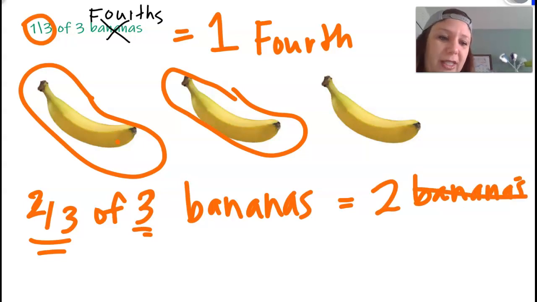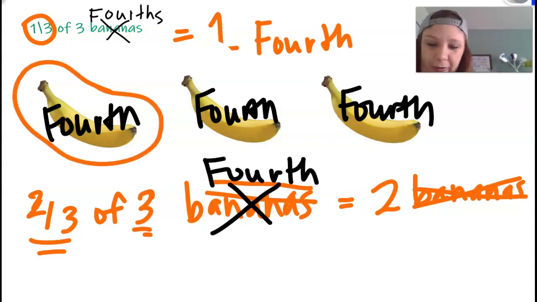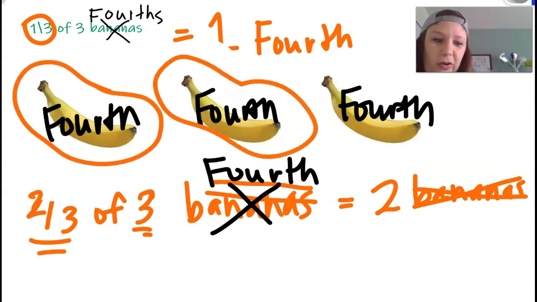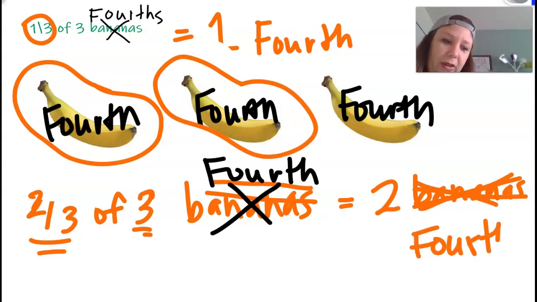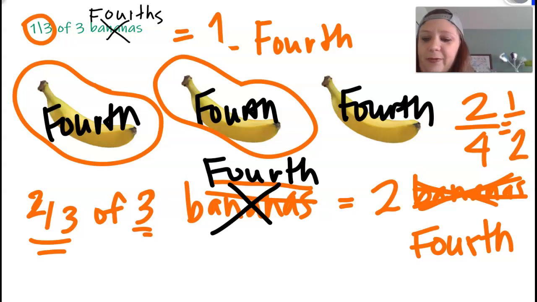Let's call it fourths instead of bananas. I'm sure you would still probably agree with me that 2/3 of 3/4, not bananas, would be 2/4. So the answer would be 2. We would call them fourths. We write it as a fraction like this. And 2/4 is also equal to 1/2.